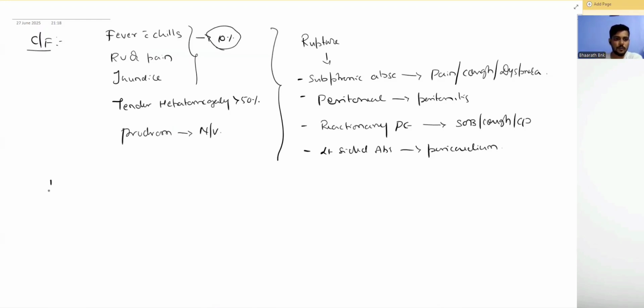Right? So when you investigate, in the blood investigations the WBC will be raised and all the enzymes will be raised. SGOT, because liver parenchyma is involved, SGOT, SGPT will be raised.